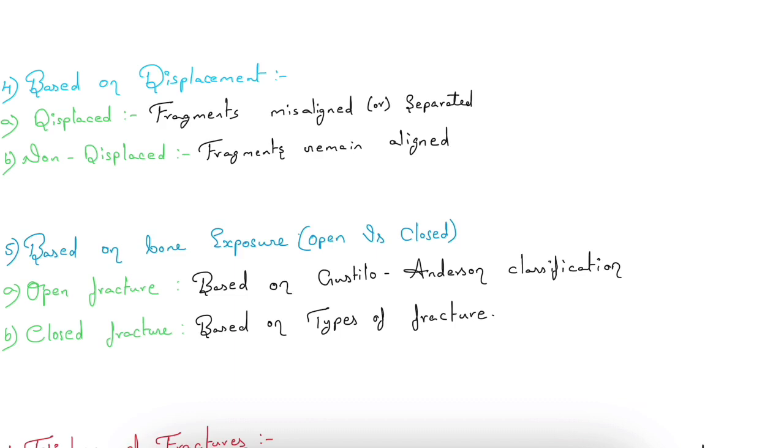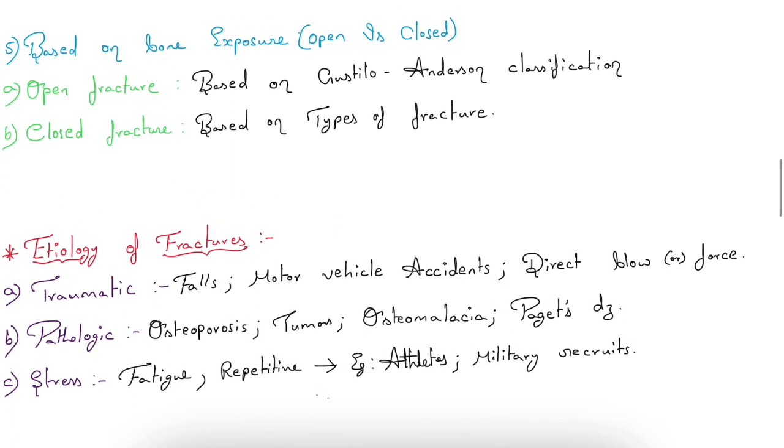Okay, next one, based on bone exposure. If the bone is coming out of the skin, okay, it's communicating with the external environment, then we call that an open fracture. For an open fracture we have to classify it by the Gustilo-Anderson classification. This is very important in the orthopedic department.